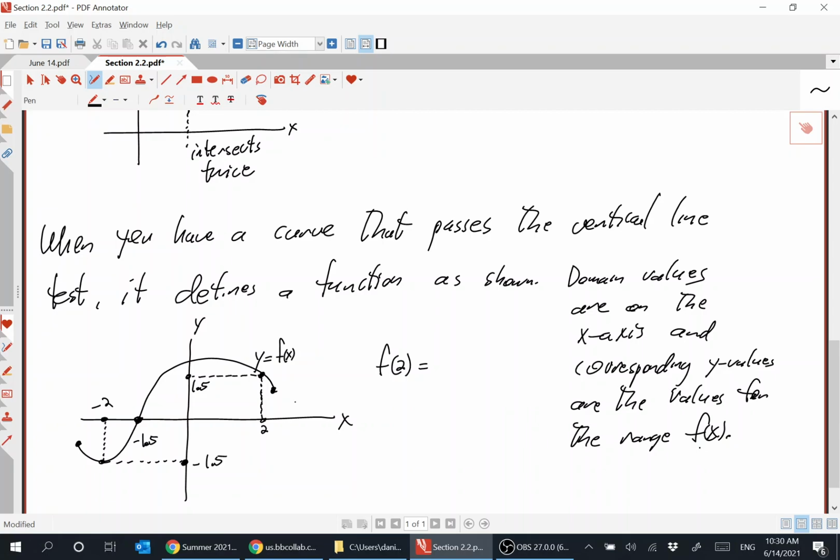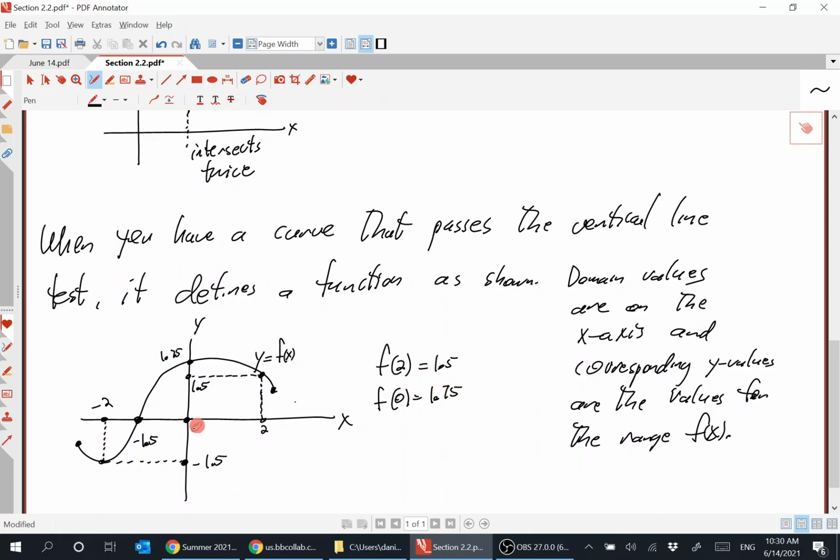So y is the value of the function, x is the domain value. So here, the value of function f at 2 is 1.5. The value of function f at 0, say, is, I don't know, 1.75. F of 0 is 1.75.